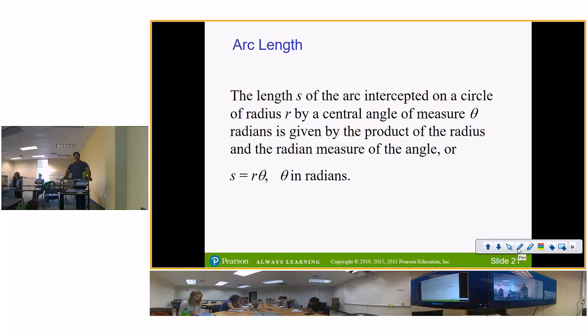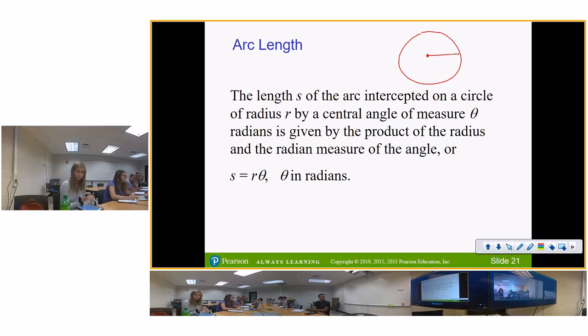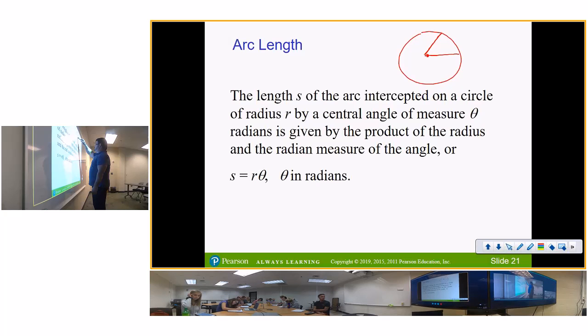Okay, what is an arc length? Well, it's the length of the arc, or the curve. Here is a circle. Here is the radius. The radius is the same. R is equal to R. If you drew a straight line from this point to this point, that is called a chord.